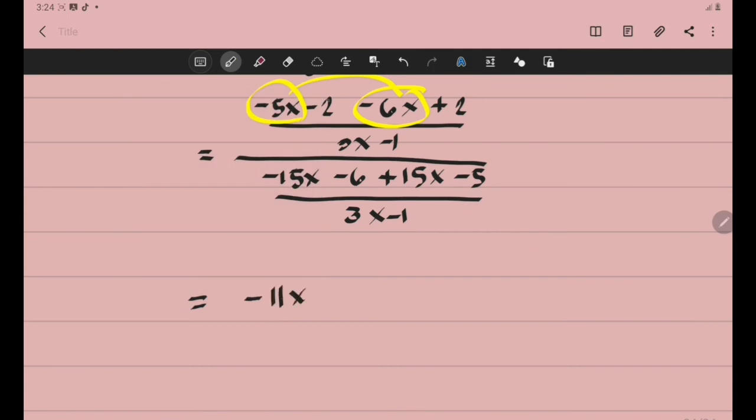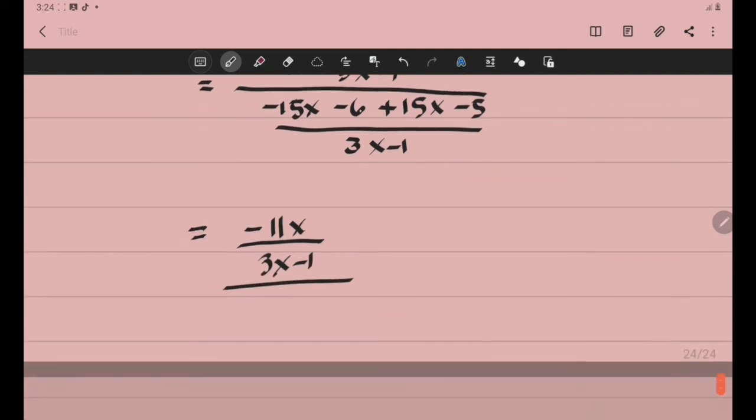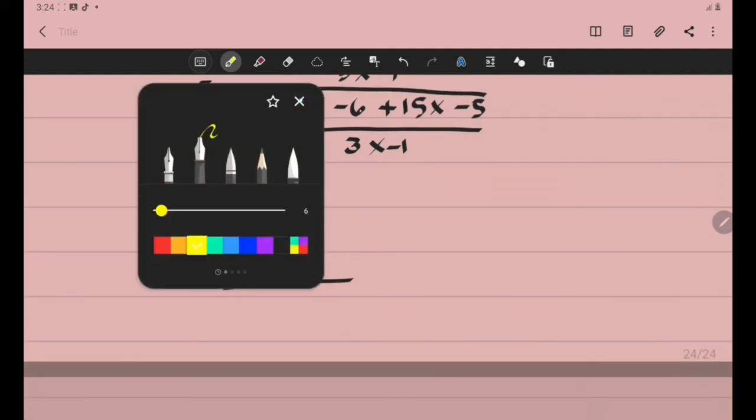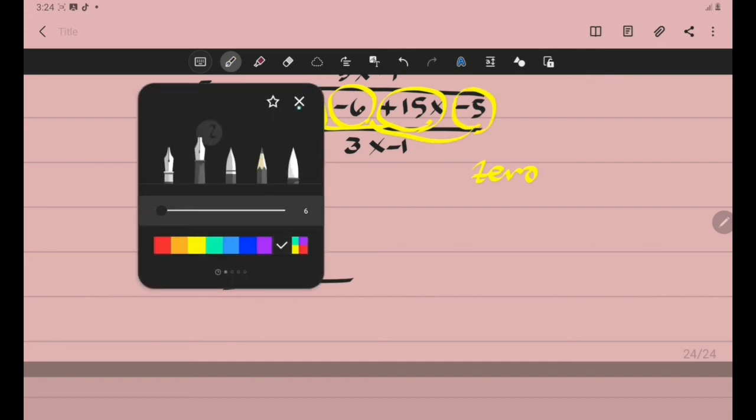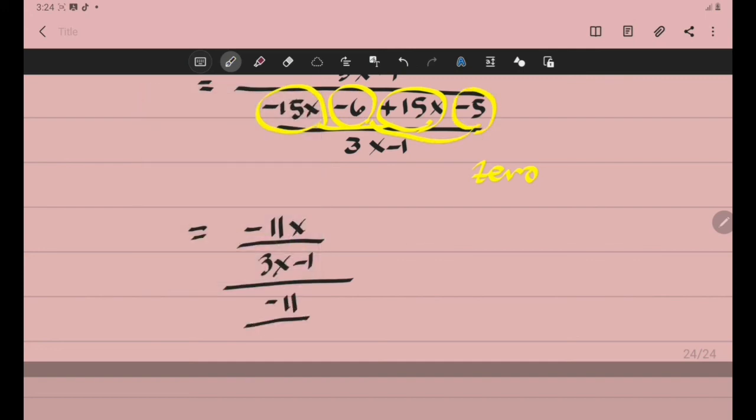At yung negative 2 natin at yung positive 2, pag kinumbine natin, it will become 0 na. So, hindi na natin siya isusulat. So, ang numerator natin is negative 11x all over 3x minus 1, all over yung ating denominator naman. So, si negative 15x plus 15x is now 0. So, eliminated na sila. So, let us add negative 6 and negative 5. We have negative 11 all over 3x minus 1.